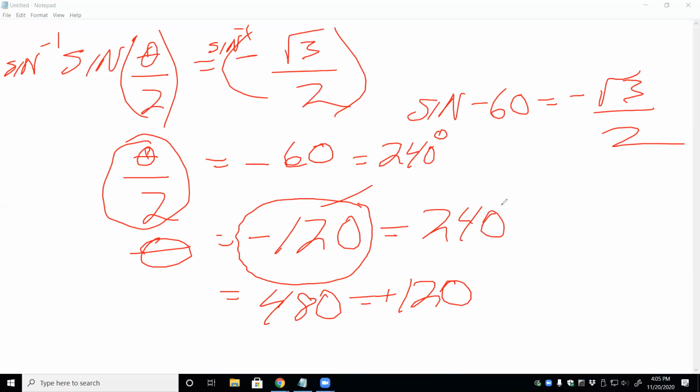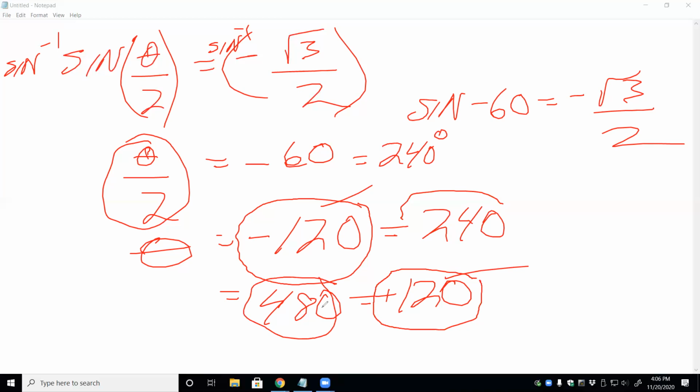So in actuality, if you take the sine of 480 over 2, in other words, this is actually one answer. It doesn't agree with that though, does it?